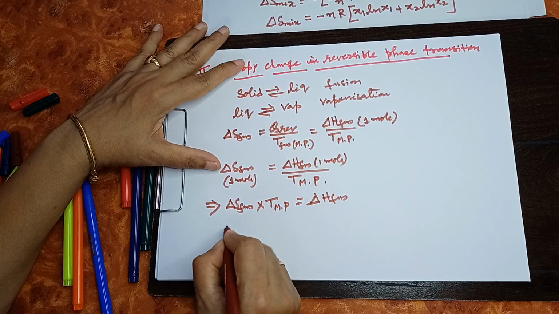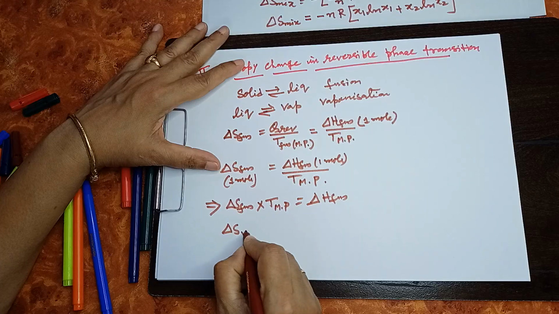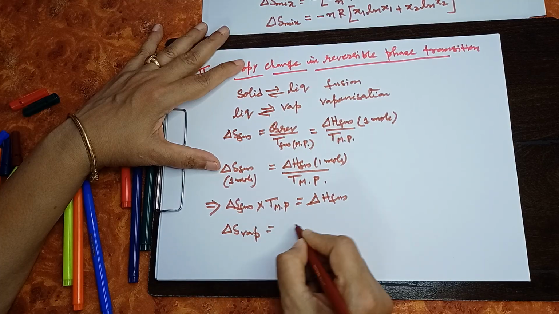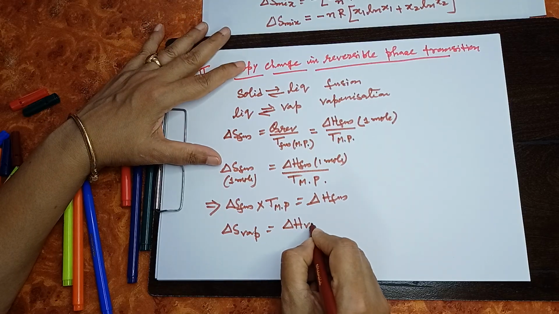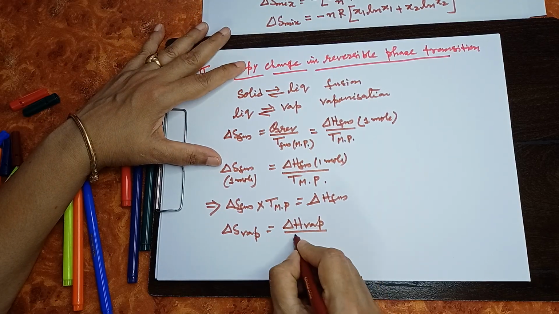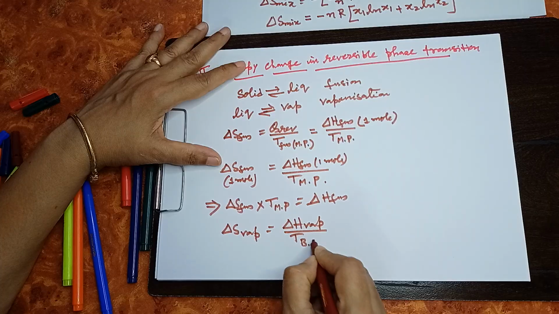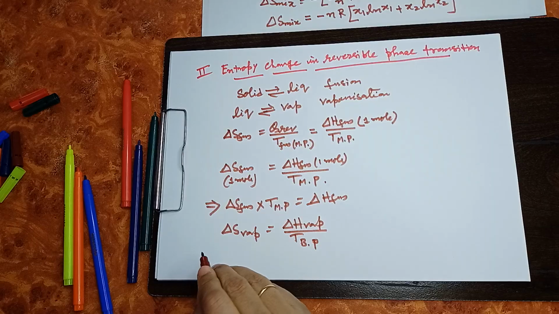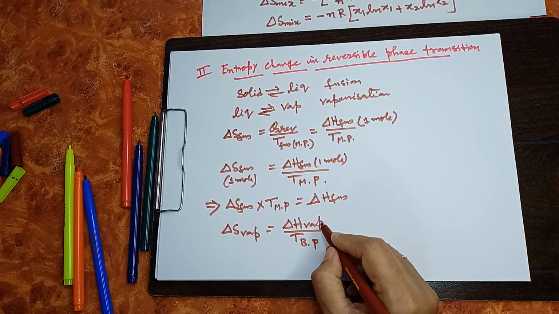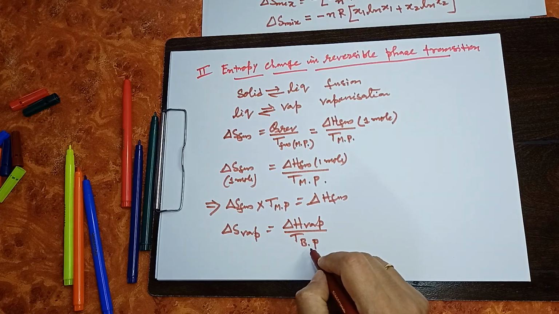In a similar way, delta S vaporization will be equal to delta H, or enthalpy of vaporization, divided by the boiling point. This is also for 1 mole. So the entropy of vaporization for 1 mole is equal to the molar enthalpy of vaporization divided by the boiling point.